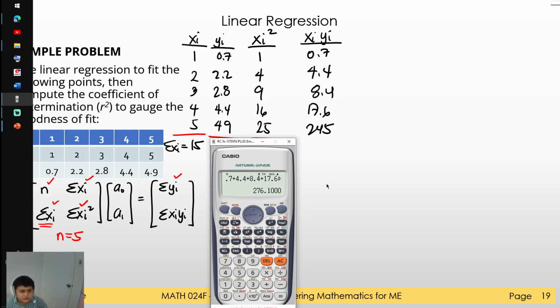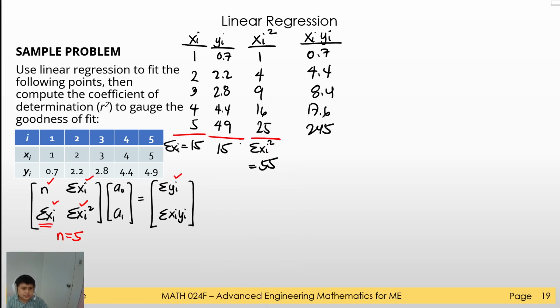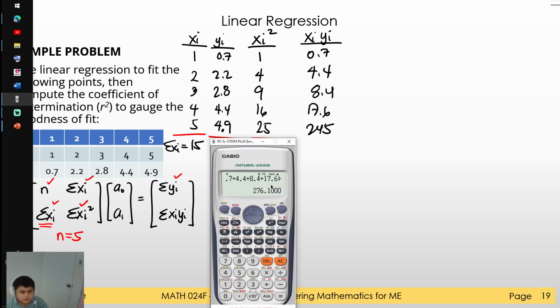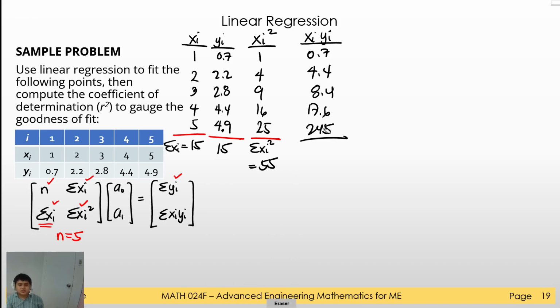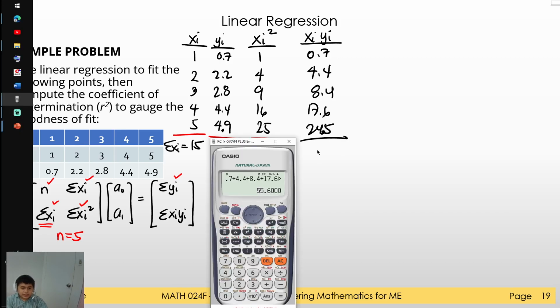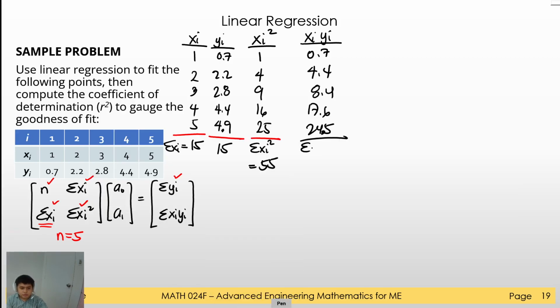Why is that? 5 times 4.9, sorry, so we have to change this. 4.9 times 5 is 24.5. So we have 55.6. The summation of xi yi is equal to 55.6.